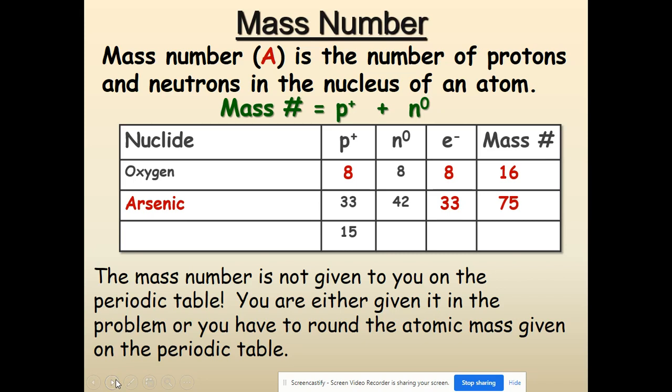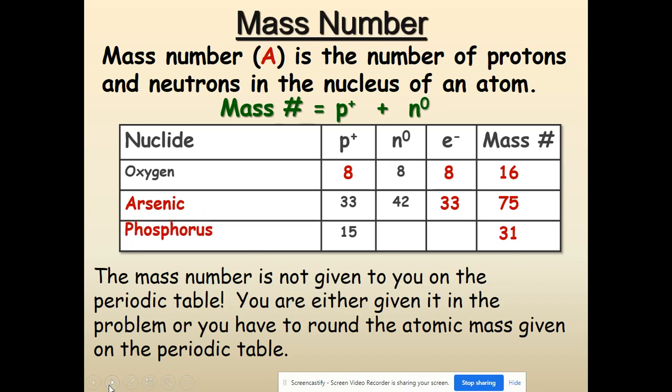The mass number will be the sum of the protons and the neutrons. Now, if you look at your periodic table, you will see that arsenic has a mass of 74.92. So this is something we would determine either by rounding our mass from the periodic table or from calculating it based on our protons and neutrons.